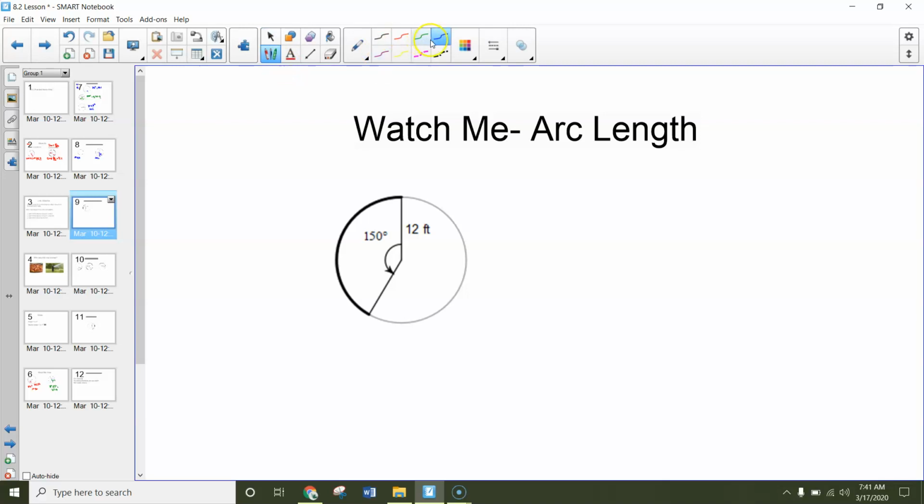Okay, so here, we are trying to find the sector area. So that's the area right in here. We want to know how big the slice of pizza is. So it starts the same. Pi, my radius here is 12 squared. But this time I'm going to times it by the fraction. So here it's going to be 150 over 360.